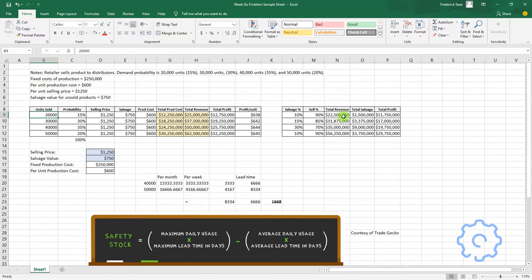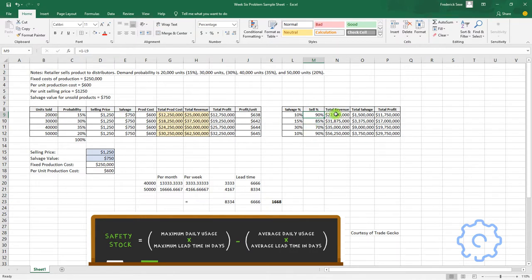And then in this case, when we do the salvage value and salvage cost, the total revenue will be the percentage of the products that you sell, times units sold, multiplied by the selling price.